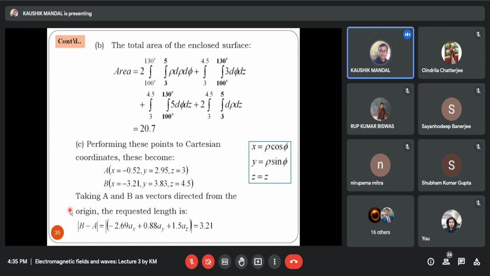Now if we consider 2 vectors, two cylinders are given.